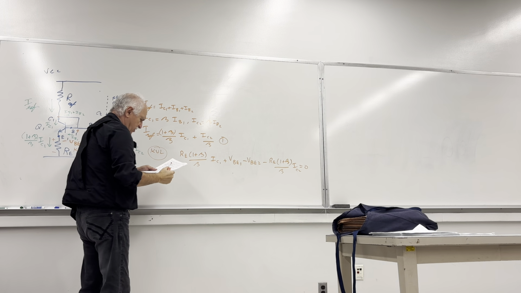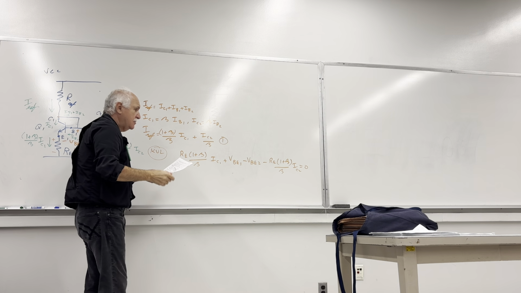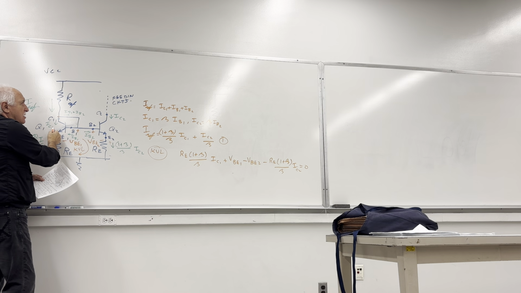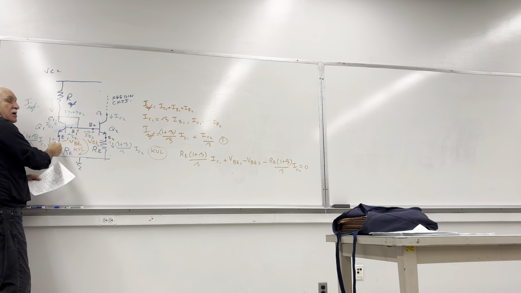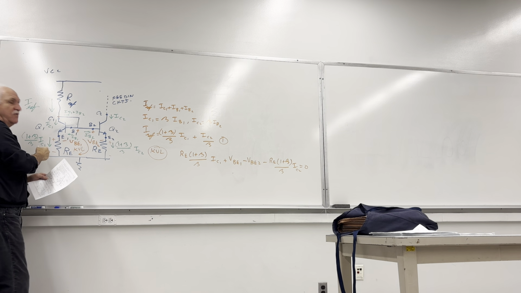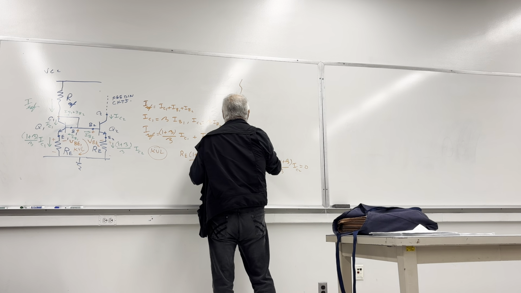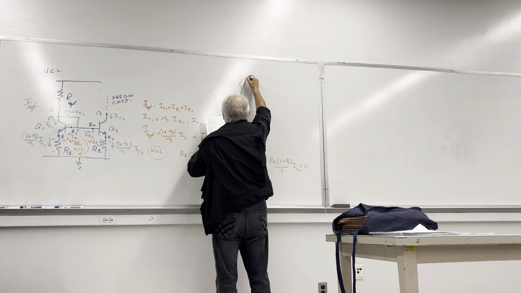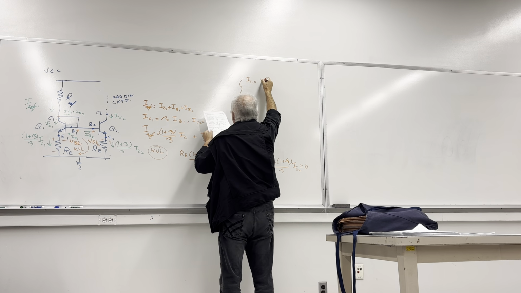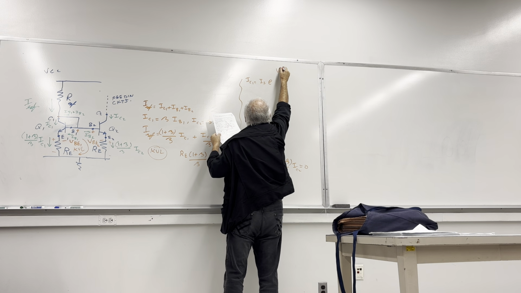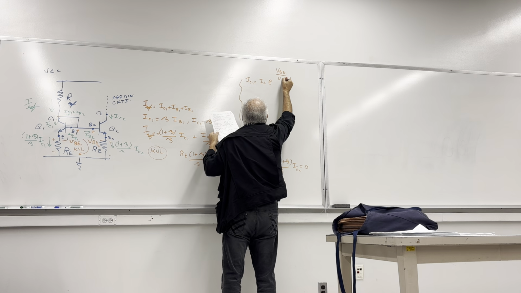4 terms over there. But then we know what is the relationship between IC1, IC2, and their base emitter voltages. This is the relationship. IC1 is IS, saturation current, e to the power VBE1 over VT.